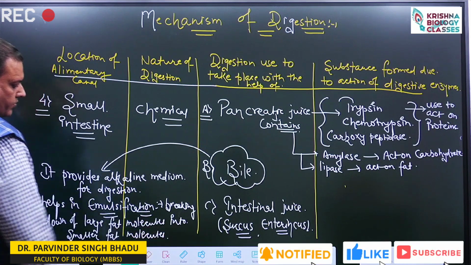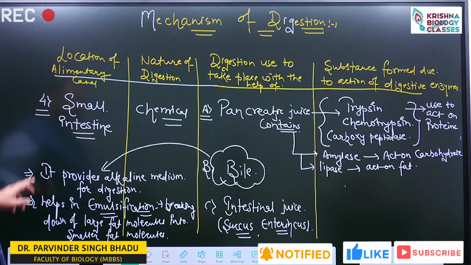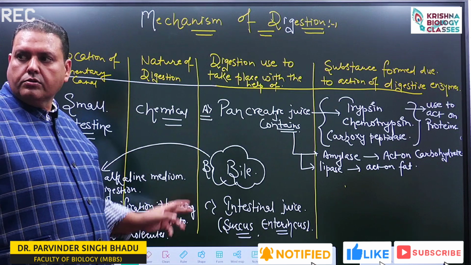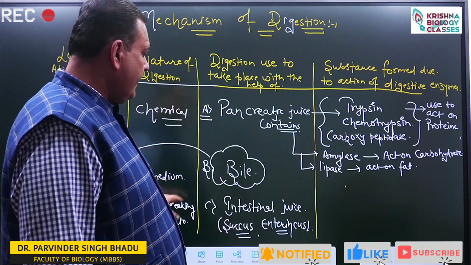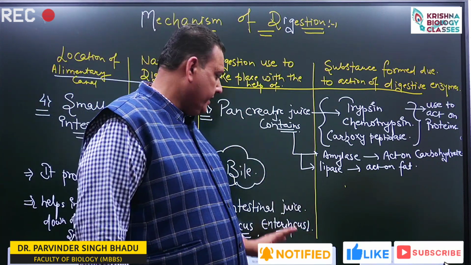That process is known as emulsification, and bile plays an important role. So bile provides the alkaline medium and it helps in emulsification.